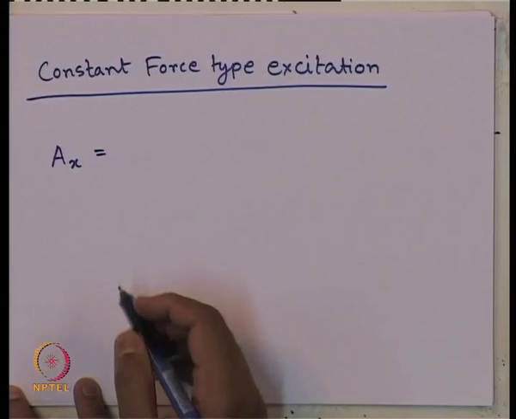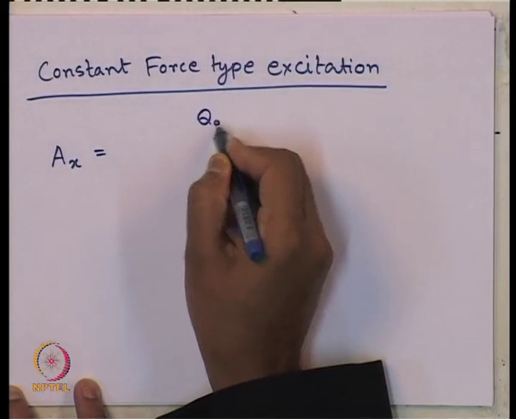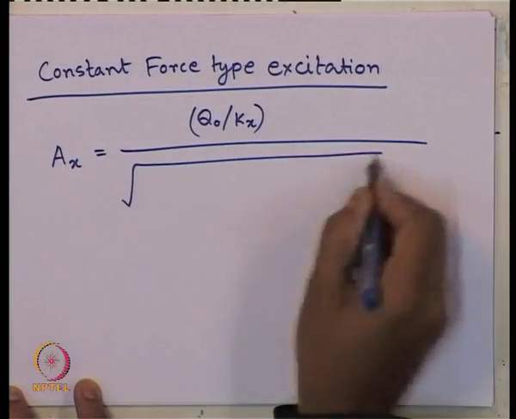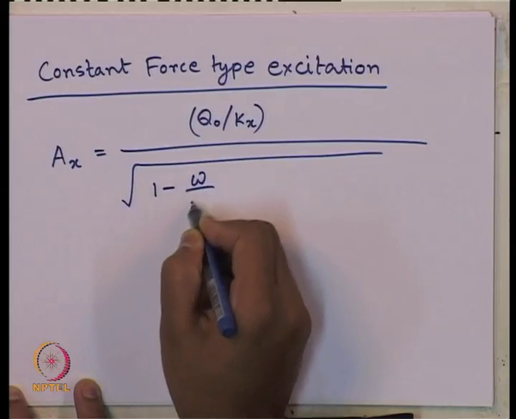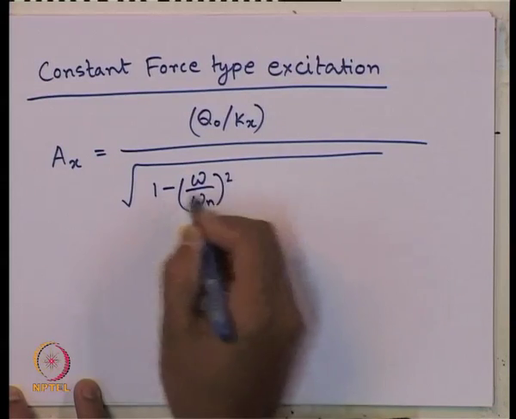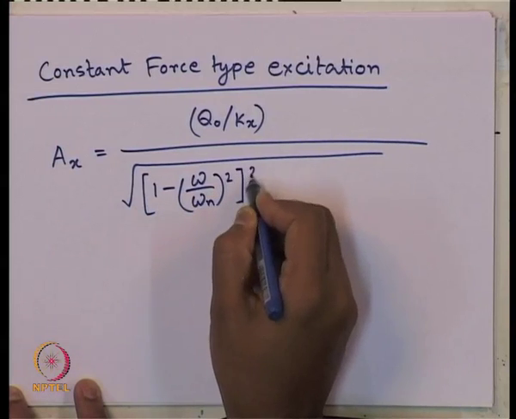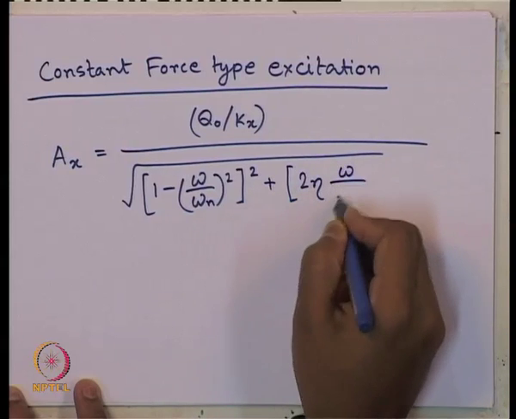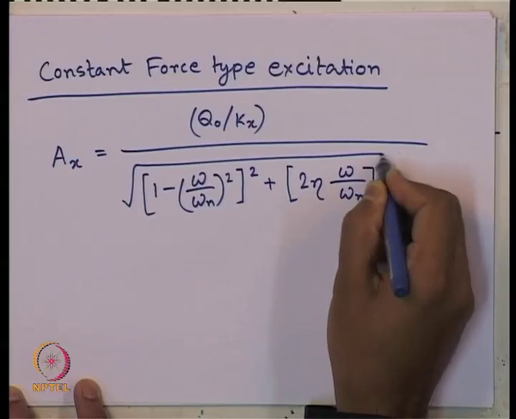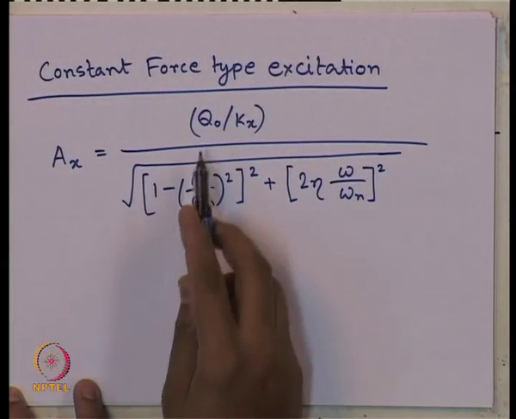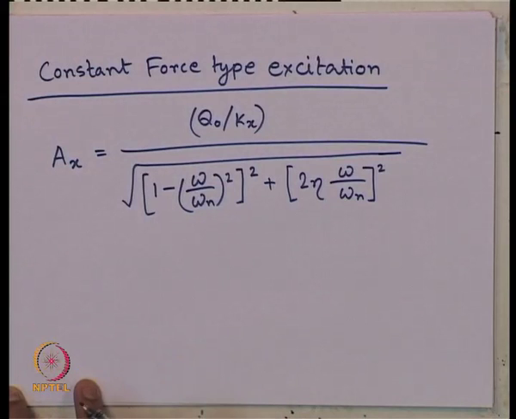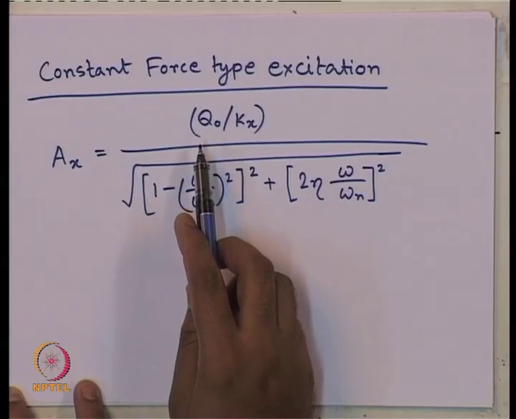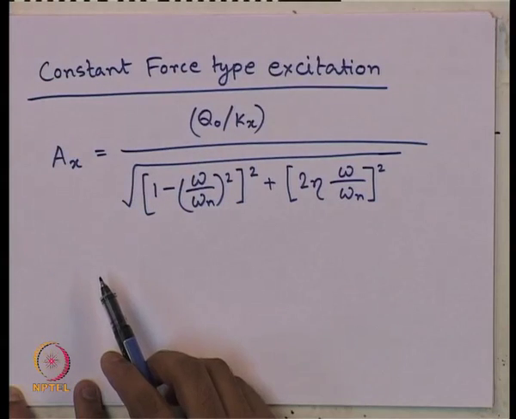So, A x can be computed by this expression from our knowledge of fundamentals of vibration theory in the second module. We can write this expression. Q naught is given to us, the amplitude of external force. Remember, in this case it is obviously horizontal, it has to be horizontal, right? Then only the horizontal vibration will get generated.